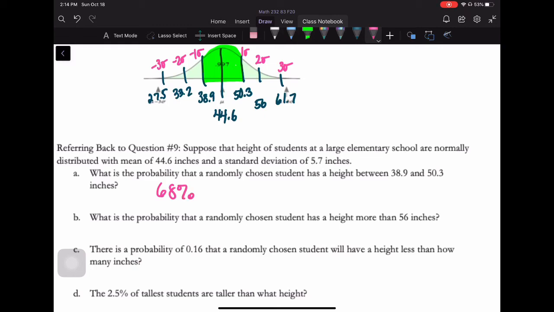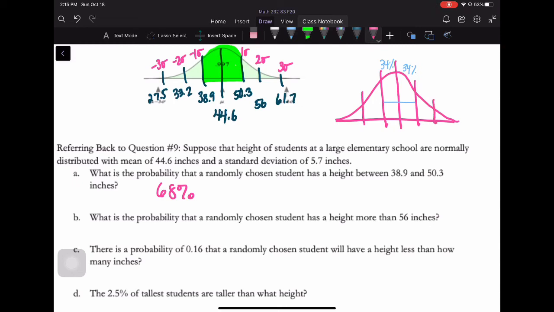One thing that I find really helpful is drawing out our distribution and cutting the percentages for each slice. If I know that 68% is around the mean, if I cut that in half, I have 34% on each side. Because there's 68% total, there'd be 34 on the left and 34 on the right.